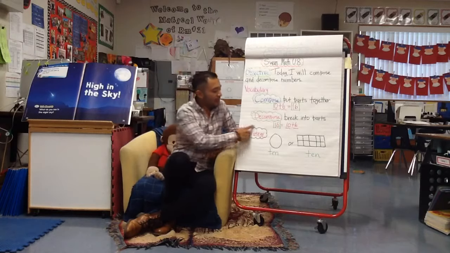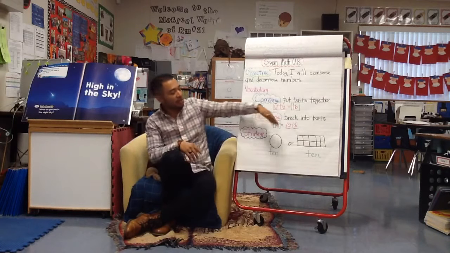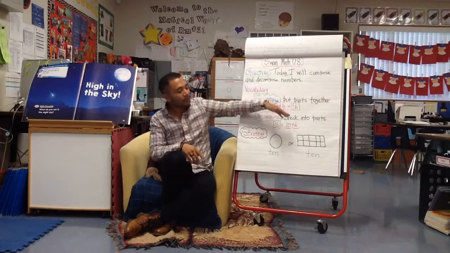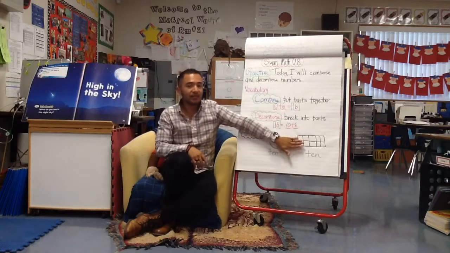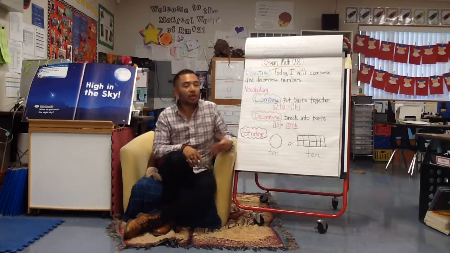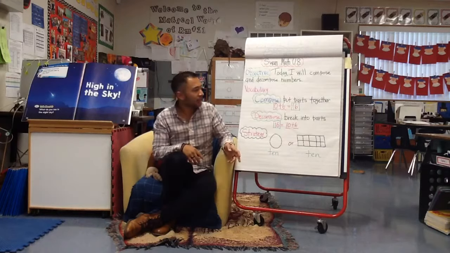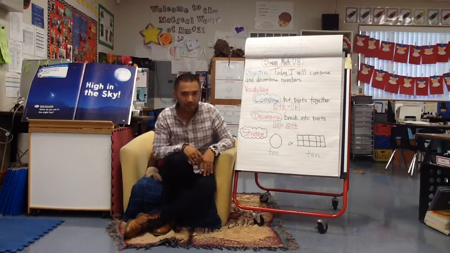Now, if you notice here, we have our strategies. We have our strategy of a circle, and we have our strategy of our tens frame. These come in handy when you are in the process of counting your objects, especially when you are composing.